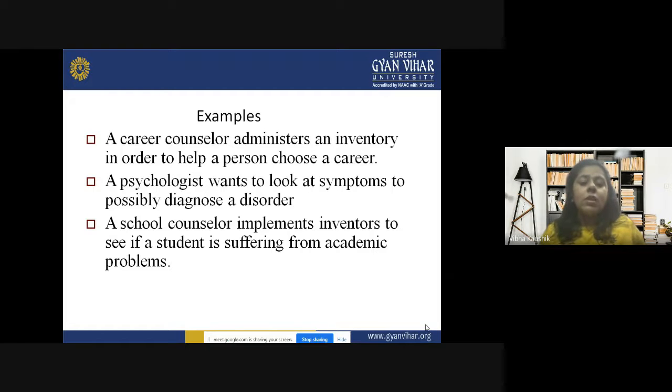A school counselor implements inventories to see if a student is suffering from academic problems. Now, a school counselor can implement personality inventories to see if a particular student or students are facing some academic problems or not.